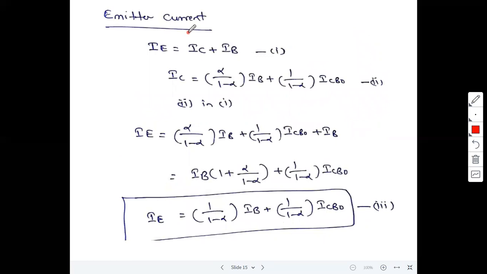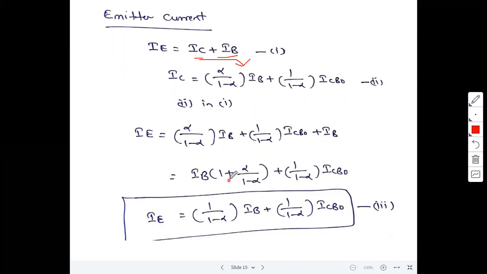Now again the emitter current. What is emitter current? Emitter current is equal to IC plus IB. Already we derived the IC expression in terms of ICBO: alpha by 1 minus alpha into IB plus 1 by 1 minus alpha into ICBO. Now substitute here: alpha by 1 minus alpha into IB plus 1 by 1 minus alpha into ICBO plus IB.